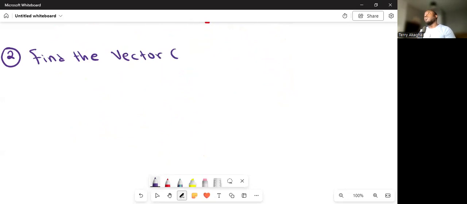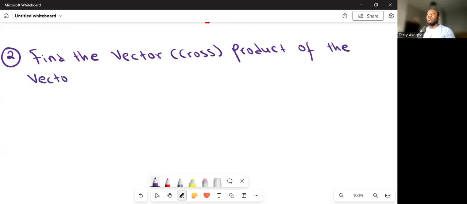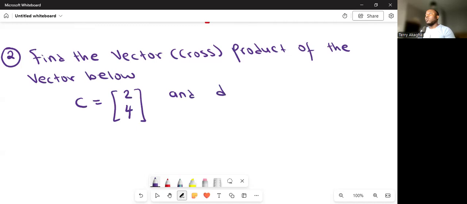Or in some textbooks, we call it the cross product, of the vectors below. Okay, so we have C equal to 2 and 4, and D equal to 5 and 6.